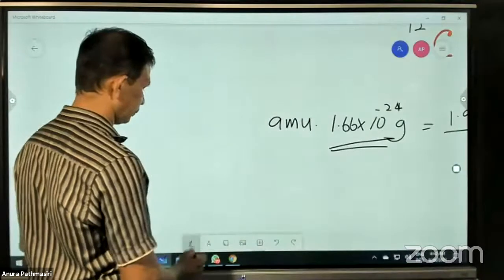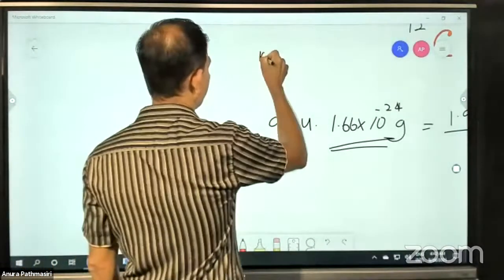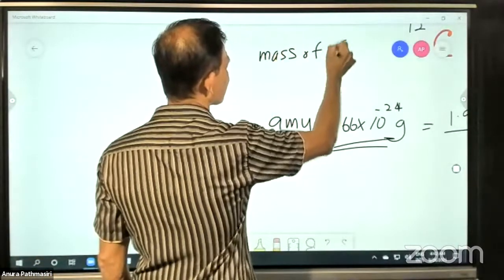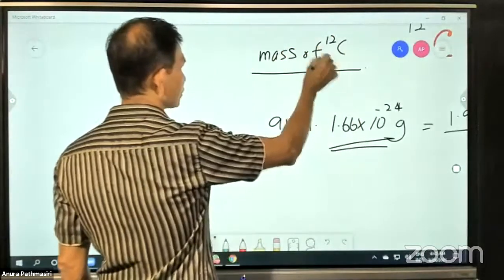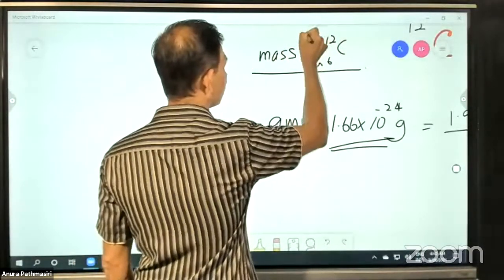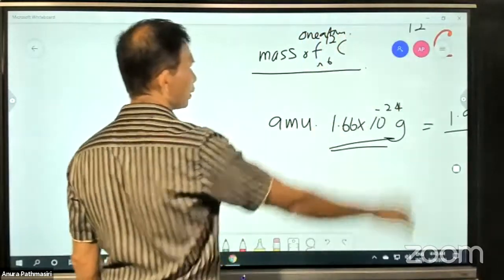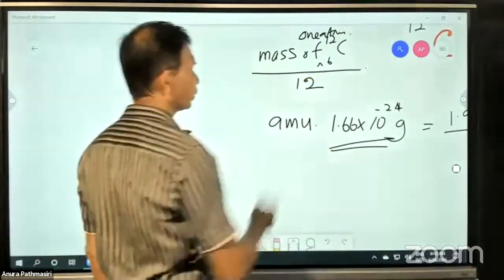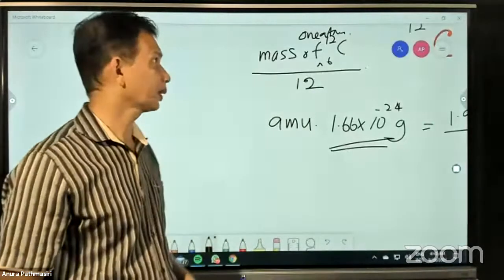We got that by dividing the mass of one atom of the C-12 isotope by 12, because it has 12 mass particles.